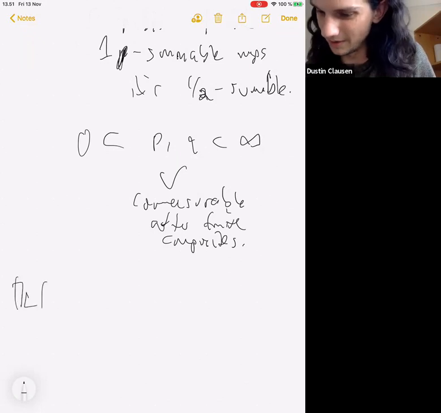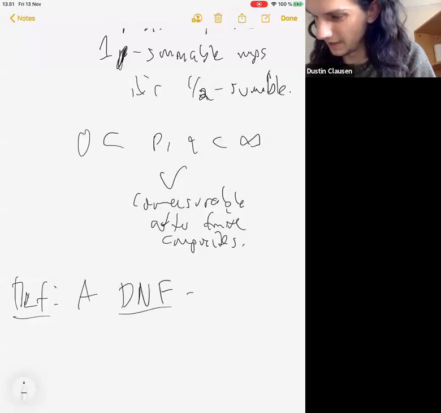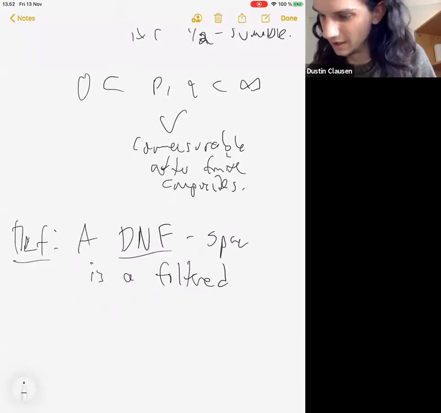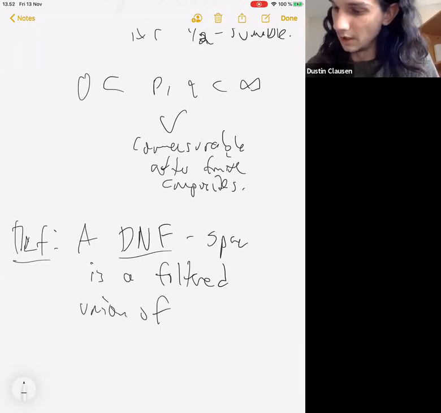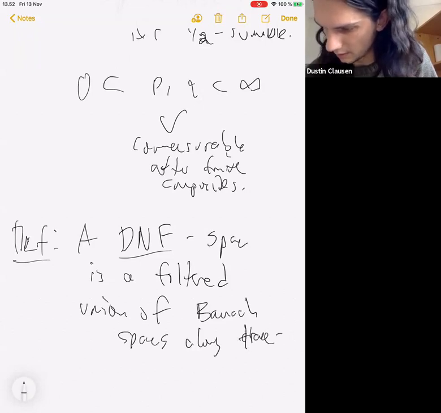Anyway, the definition that Grothendieck made was this. A dual nuclear Fréchet space, abbreviated DNF space, is a topological vector space. Well, we'll work in the condensed context; it's equivalent to whatever topological definition you make. It is a filtered union of Banach spaces along trace class injections.